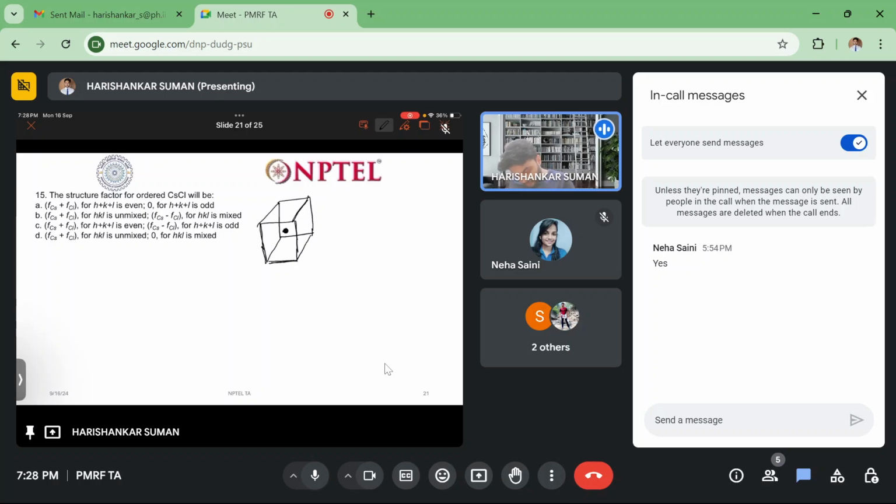One atom at the center, let's say this is Cl, and this is Cs. Cl is at the half location, and let's say Cs is at 0, 0, 0. Now please calculate.